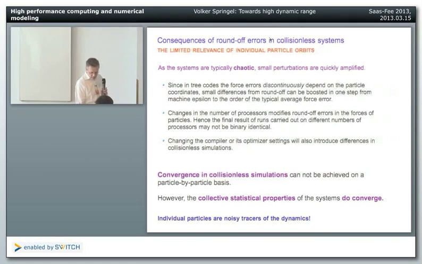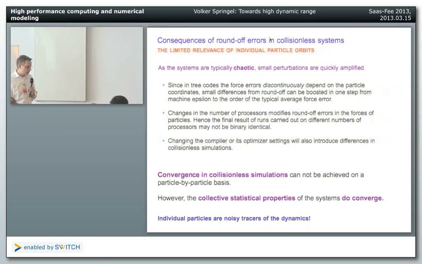So in a nutshell, what this basically means is that you cannot expect a convergence of collisionless simulations parallelized with MPI with algorithms like the ones used in Gadget on a particle-by-particle basis. The origin for why this is spoiled is ultimately such round-off effects, which seem so innocent. And that also means that basically an individual particle orbit is relatively meaningless. The collective statistical properties of a system, however, are not allowed to change through such a thing. So that does not behave chaotically.